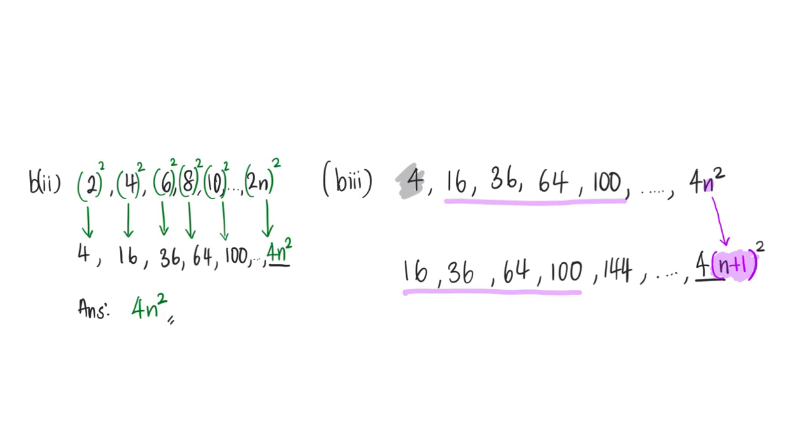And therefore, the answer is simply 4 times (n plus 1) squared, making use of the answer from B part 2.